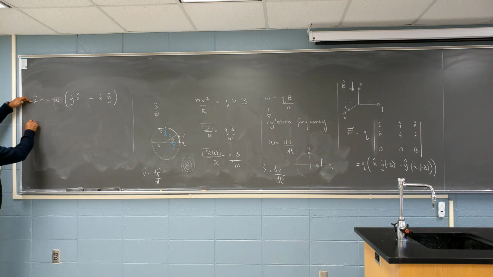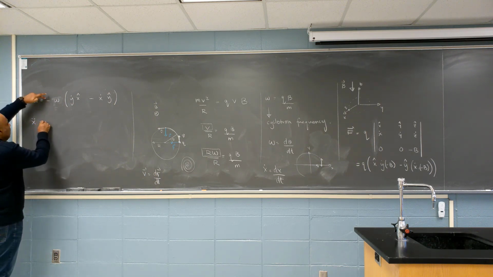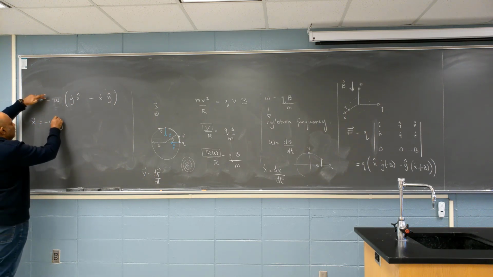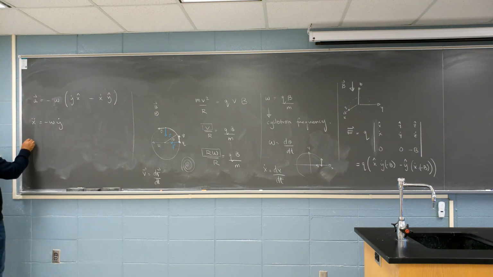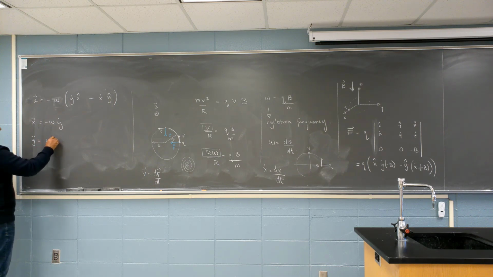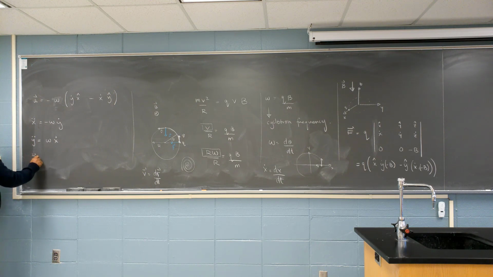So I'm going to write this equation, x double dot. If velocity is x dot, the x component is going to be minus omega y dot. And y double dot is going to be omega x dot. And of course, z double dot is 0.